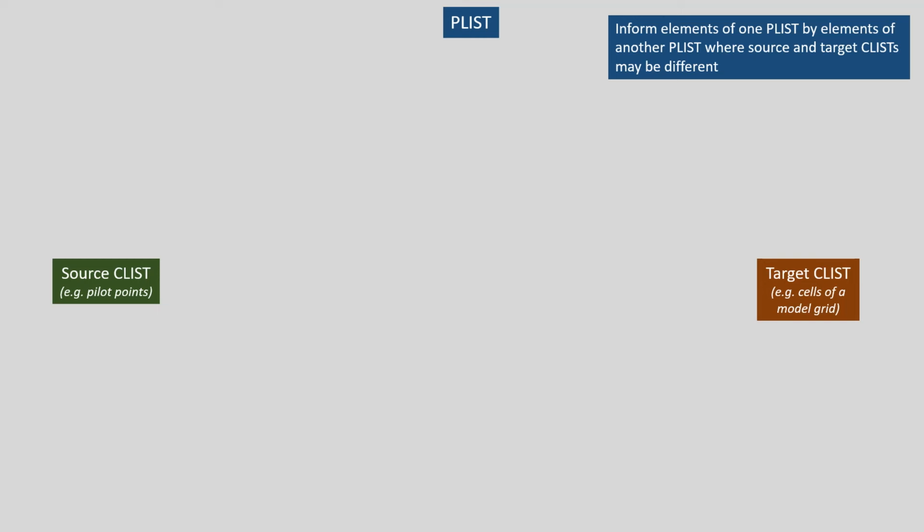And suppose I've got another CList, a target CList. This can be the elements of a model grid. Many PLPROC functions support informing elements of a target CList by elements of a plist pertaining to a source CList, where the source CList and the target CList are different.